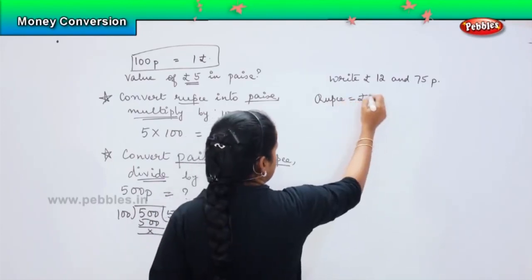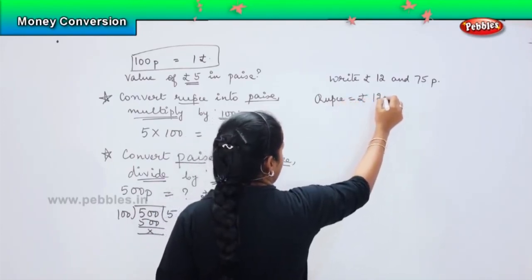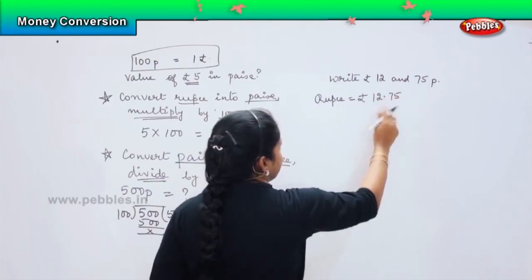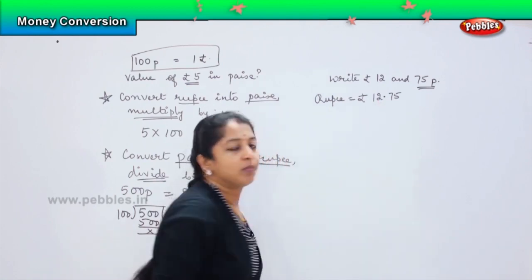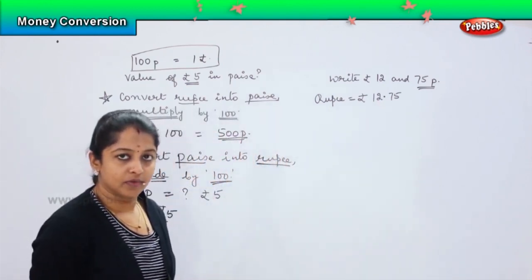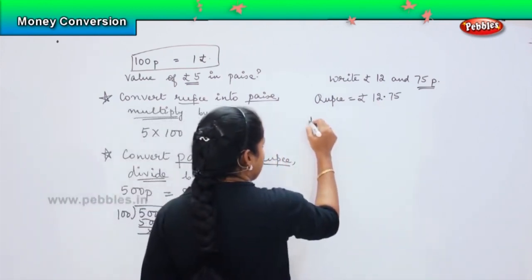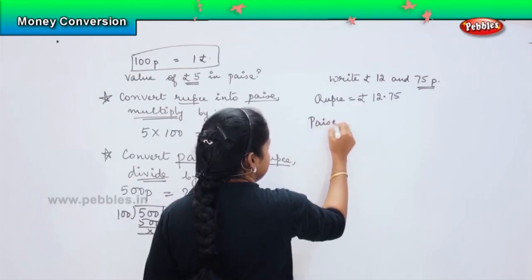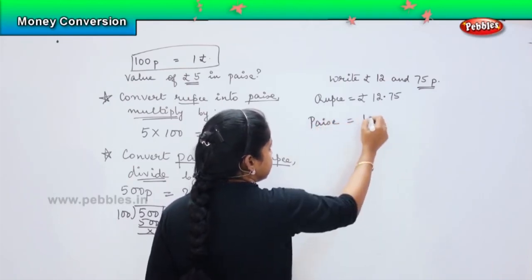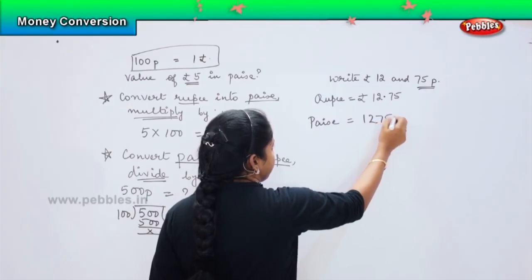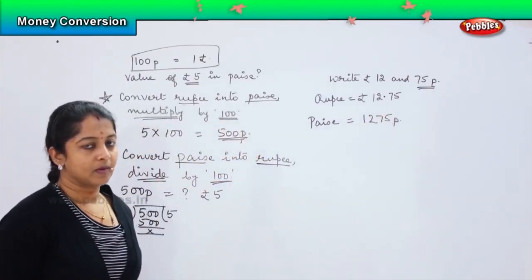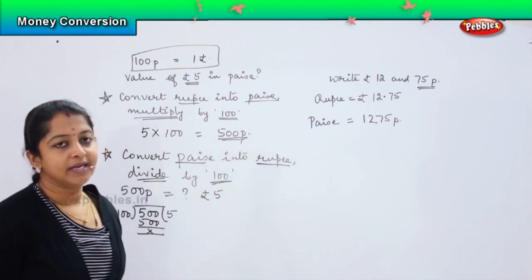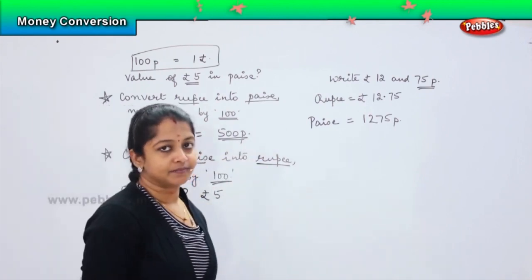I will write it as rupee 12.75. So whatever is the value of paise, we will be separating it by putting a dot. And if I have to convert the same thing in paise, then I will write it as 1275 paise, which means that I will be multiplying it by 100.